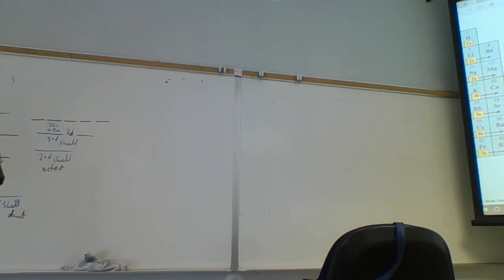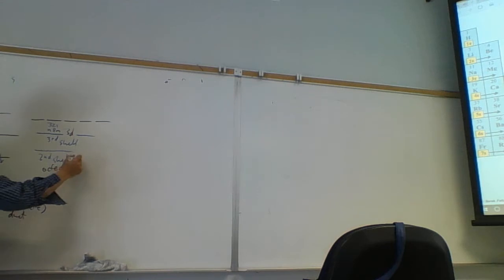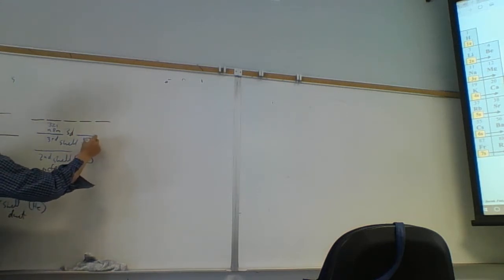What element number is it? 33. 33 electrons. So the first shell fills up the helium core. The second shell fills up the neon core. The third shell fills up the argon core.